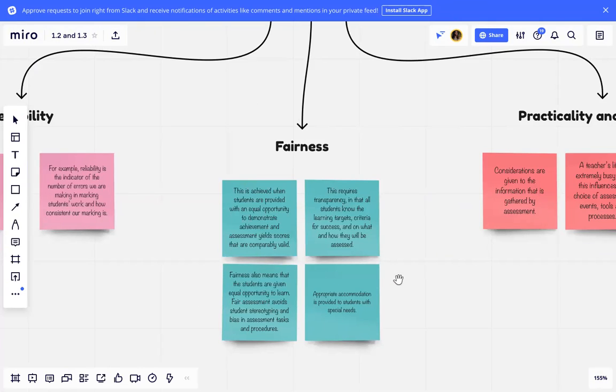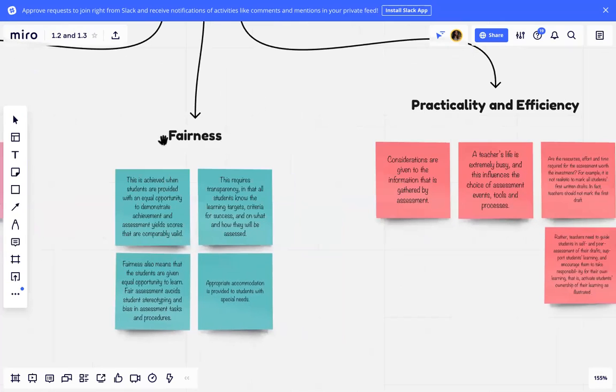Fairness also means that students are given equal opportunity to learn. That's why the name is fairness, because we need to make sure that our assessment is equal for all students.